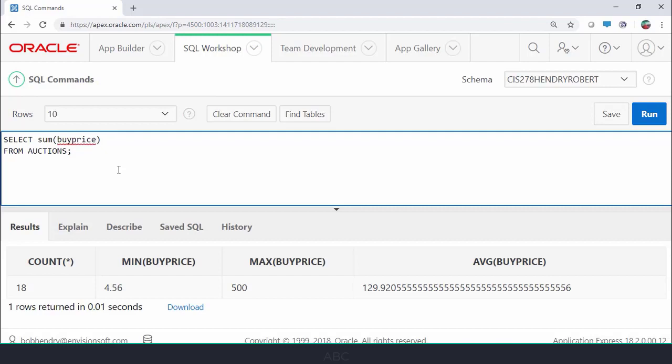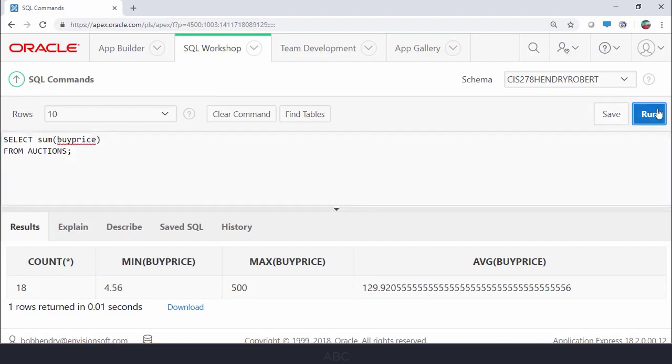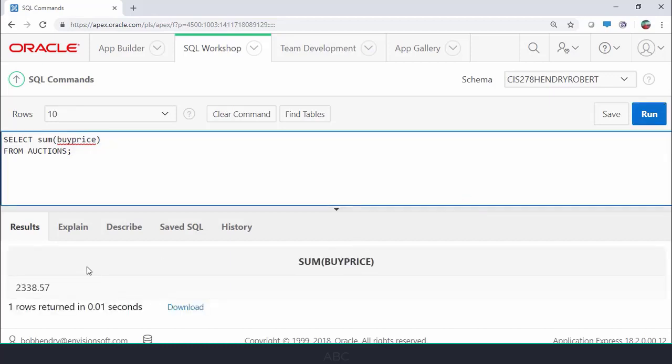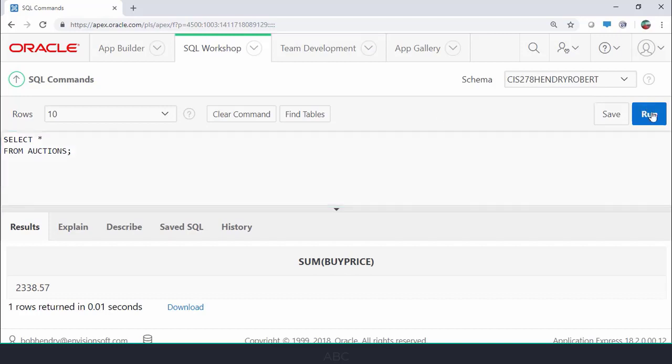What this will do is it'll take all my buy prices and sum them up for me. And again, since it's an aggregate function, it's only going to bring me back one value. So give it a second. So the sum is $2,338.57.